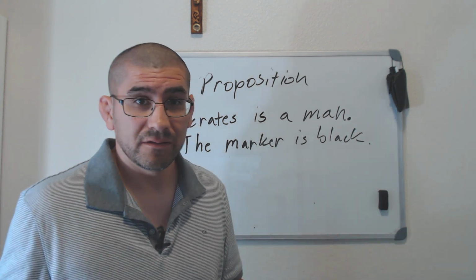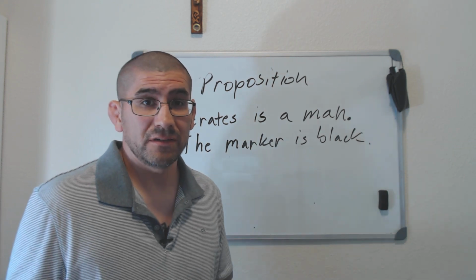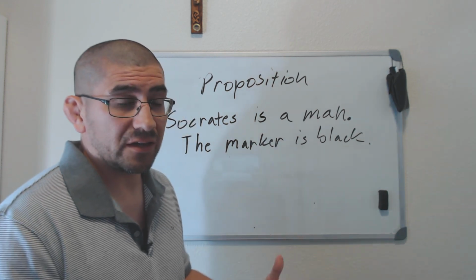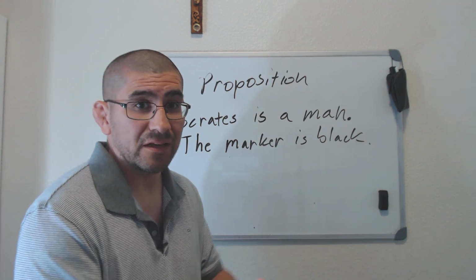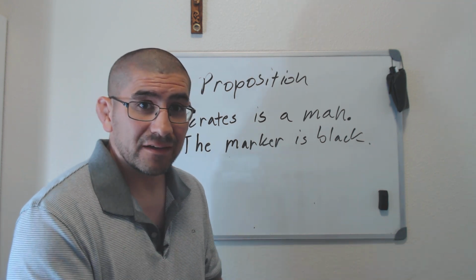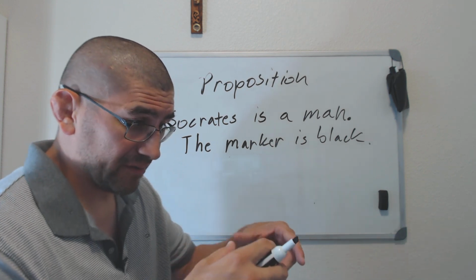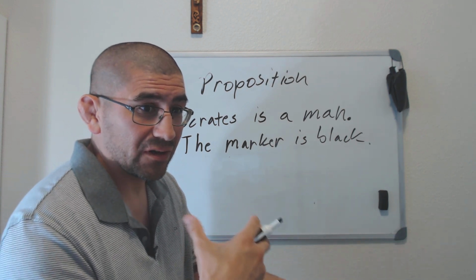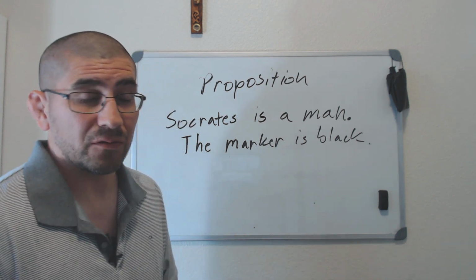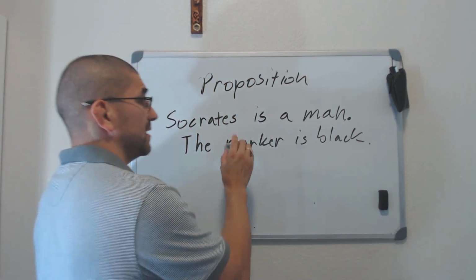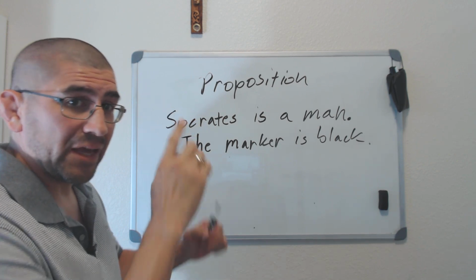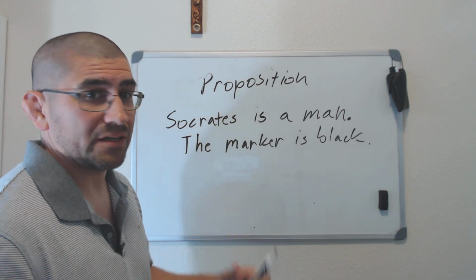Bananas are yellow. That's a proposition. Every time you say a proposition in some argument that you make, which you do every day, you are declaring something true or you're declaring something false. Propositions. That's the second main part of logic.